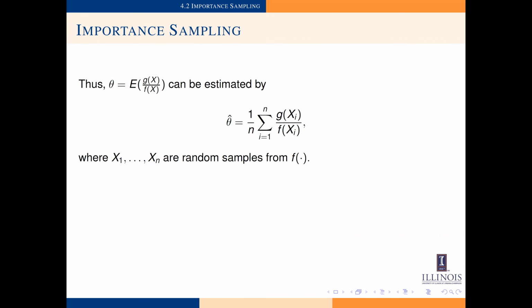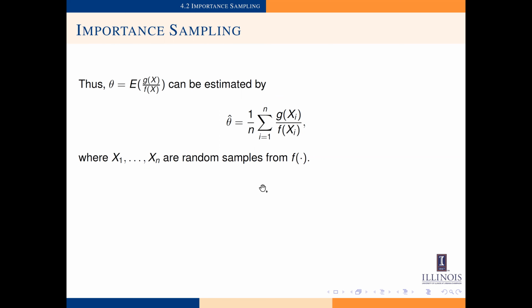Okay, so our theta is again an expectation of some function of random variables. So in order to estimate the expectation of g of x divided by f of x, we can use the sample mean. Let's propose an estimator theta hat, which is equal to the sample mean of n draws of x from the distribution f.